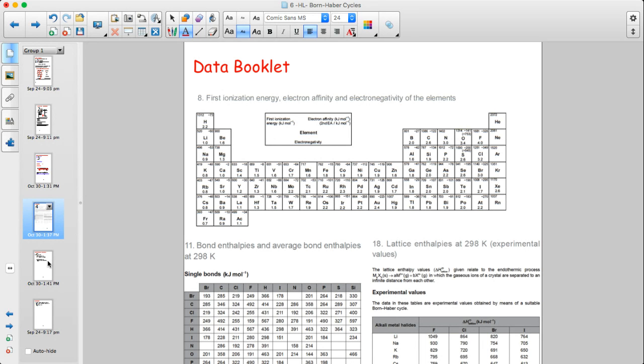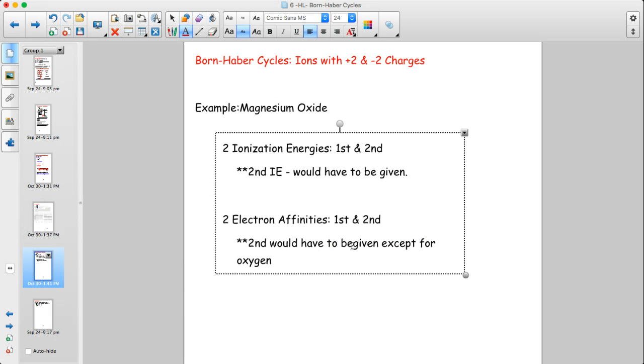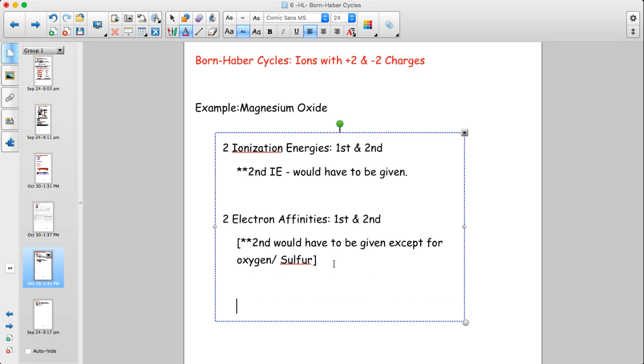So that brings up an important point, which is that it might be given to you for oxygen, sulfur, but let me get past this point. The second electron affinity is endothermic. So while the first electron that an atom gains causes stabilization and a release of energy, the second electron that an atom gains actually requires energy to make that change happen.